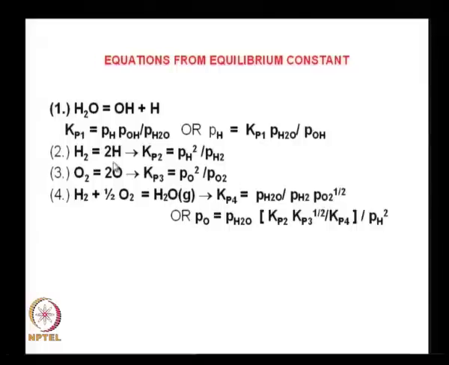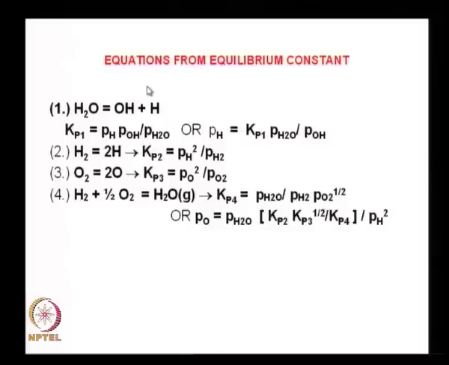That means I use these 3 equations and solve for the value of PO. From the last equation I get PO2 is equal to root Kp4 divided into root pH2 divided by root pH2O, and again I substitute the value of pH2 from here, and I get the value of PO as equal to pH2O into Kp2, Kp3 half, Kp4 and pH squared.